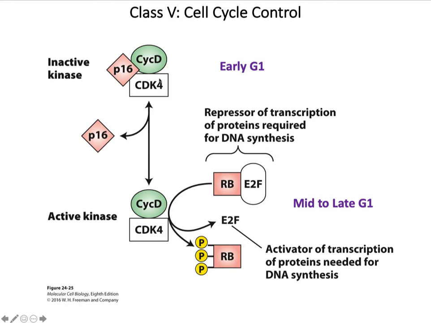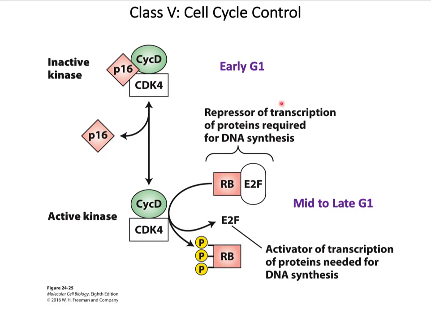We looked at this cyclin D CDK4. It is produced, transcribed and translated, in early G1, but its function is not readily needed until mid to late G1. And so there is also an inhibitor that's present in early G1 known as P16.